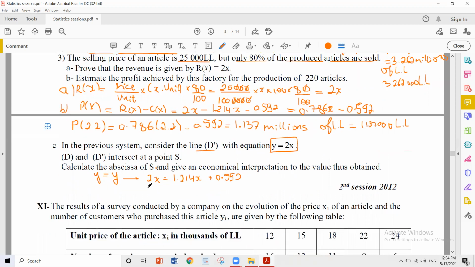Bring x near to x. 2x minus 1.214x equals 0.592.